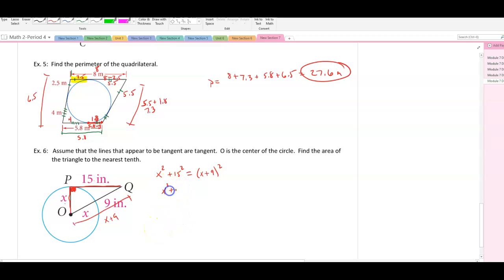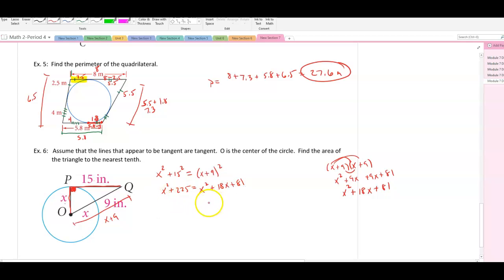So, x squared plus 225 equals, when I square this, I'm going to multiply it out like such. x squared plus 9x plus 9x plus 81, which gives me x squared plus 18x plus 81. So that's what that simplifies to.